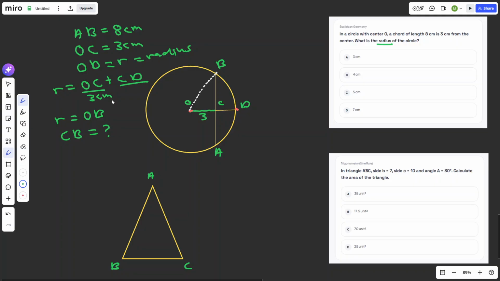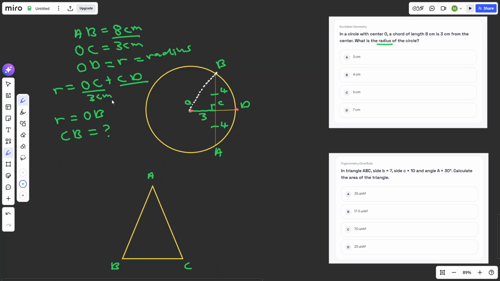What that means is that CB and AC are equal, because when the radius bisects the chord, it bisects it at 90 degrees. So we can clearly see here that CB is equal to half of 8 centimeters, which is 4. So 4 is there and 4 here.